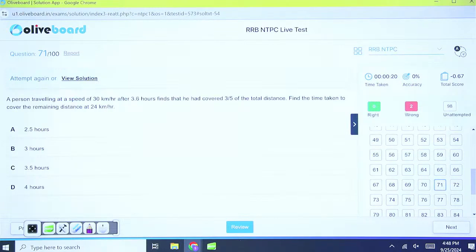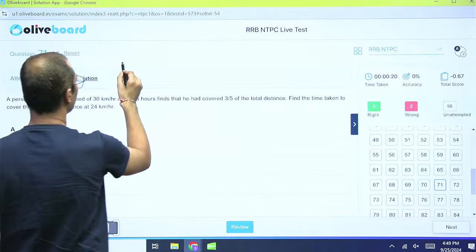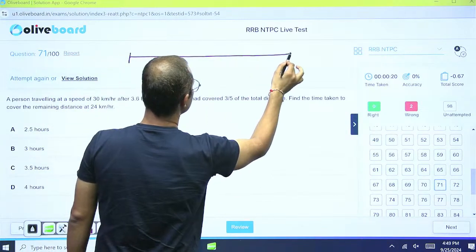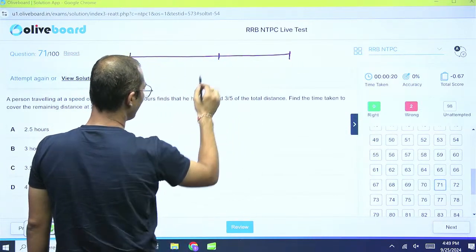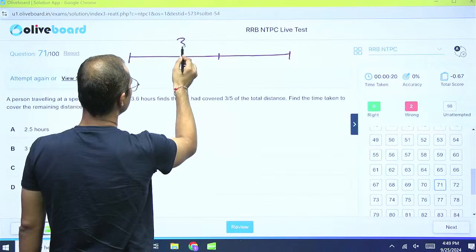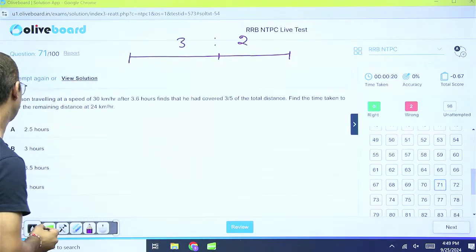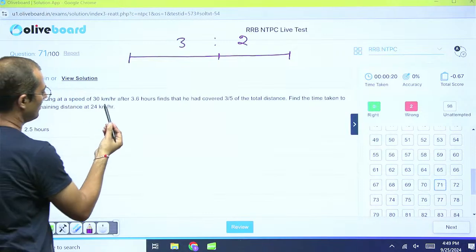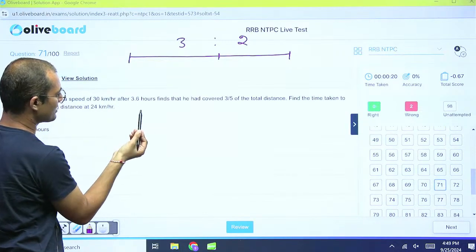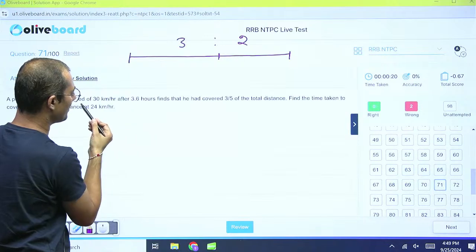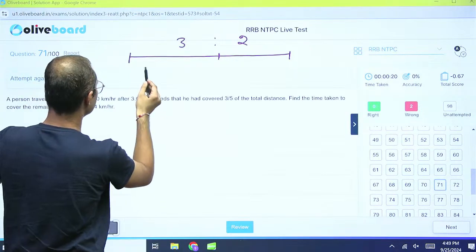So we have to calculate the remaining distance. Suppose this is the total distance and we divide it 3 by 2. So this is 3 units and this is 2 units, right? Here a person covers some distance at the rate of 30 km per hour in 3.6 hours. It means how much distance he covered?